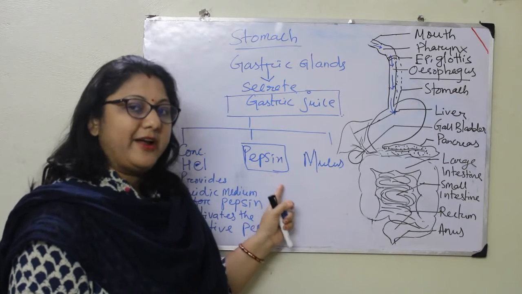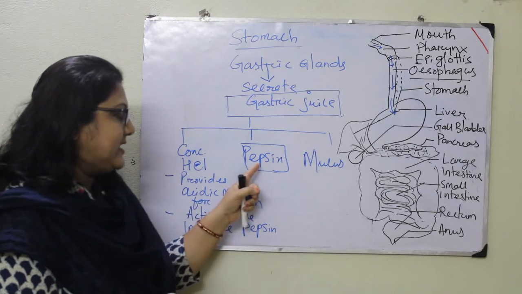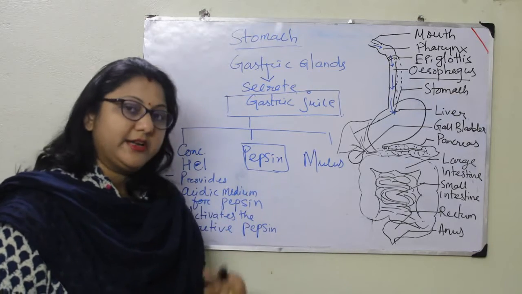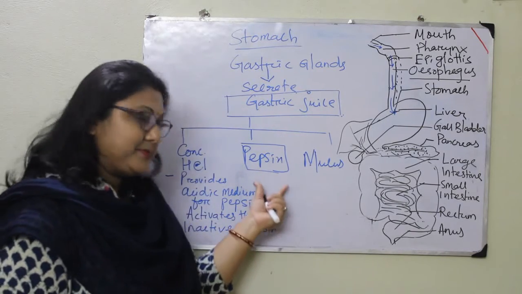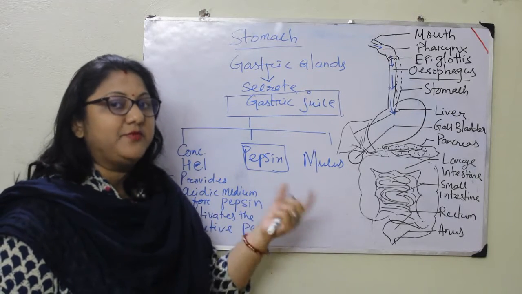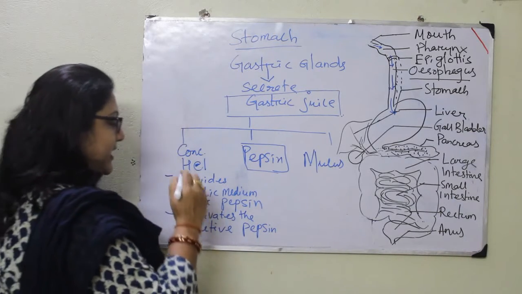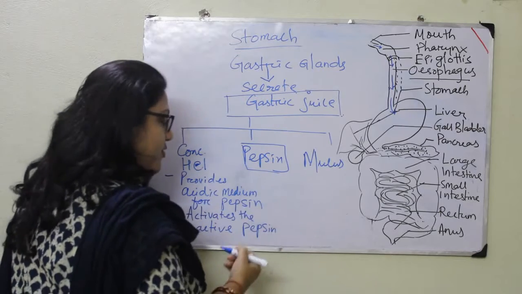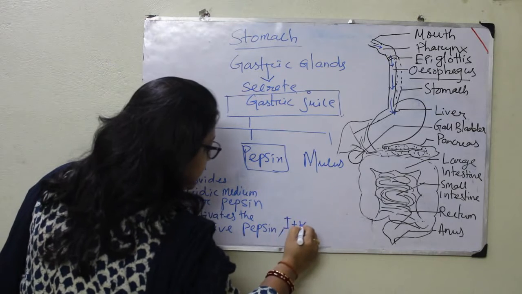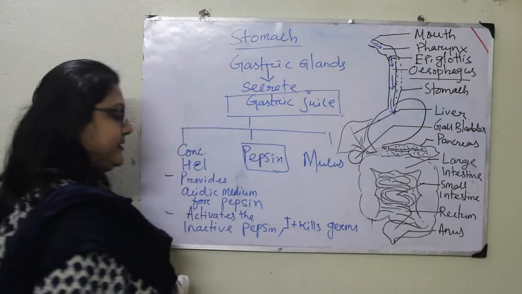Now who is going to provide the acidic medium? The concentrated hydrochloric acid. Apart from that, the pepsin is secreted in an inactive form, so the hydrochloric acid also activates the pepsin, and once it gets activated, it provides the acidic medium for its enzymatic actions. Clear? Apart from that, the hydrochloric acid has one more role: it kills germs in the stomach.